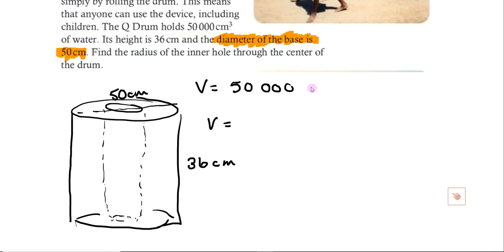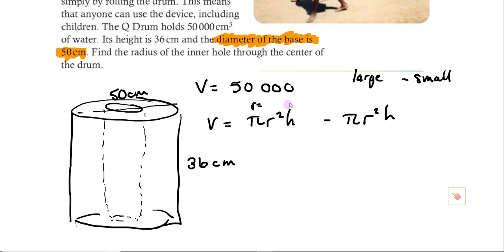So we're doing large cylinder, subtract the small cylinder. That is pi r squared h minus pi r squared h, r being different in each case. This r is 50. This r is the one I want to find.